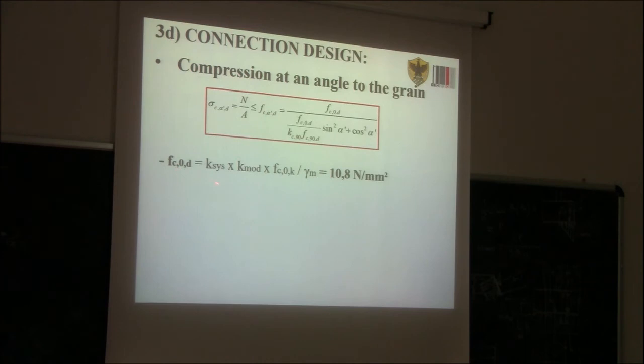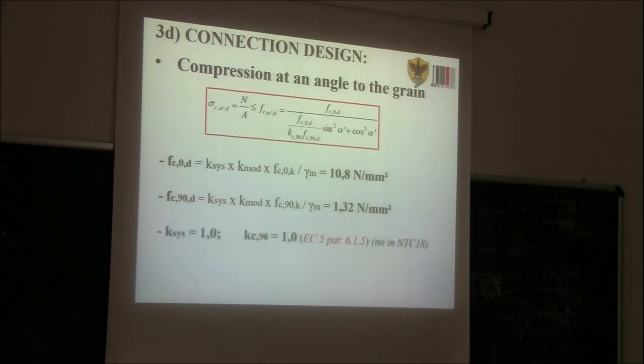FC0D is the design compressive strength parallel to the grain, and we found by using all this equation, 10.8 Newton per square millimeter. FC90 is 1.32 Newton per square millimeter.